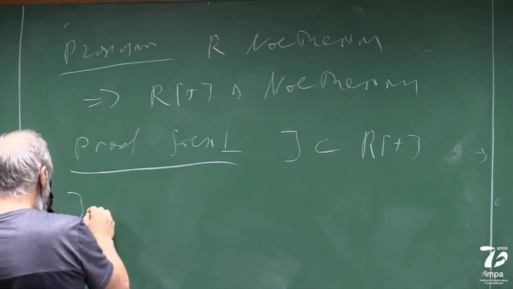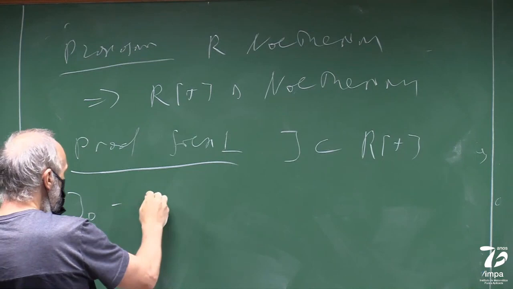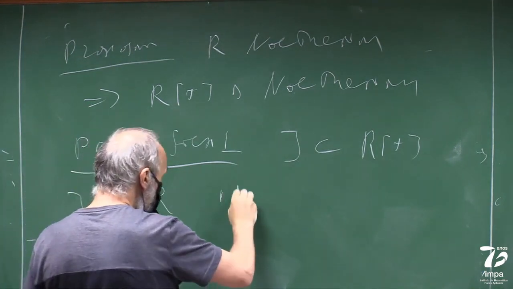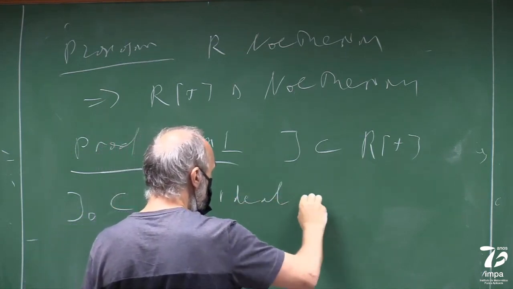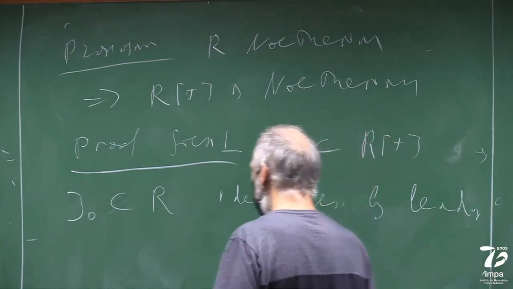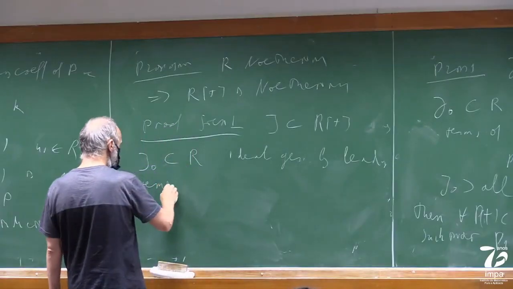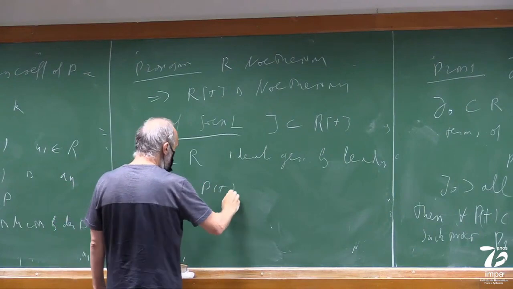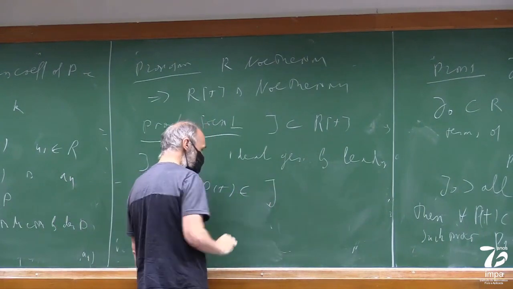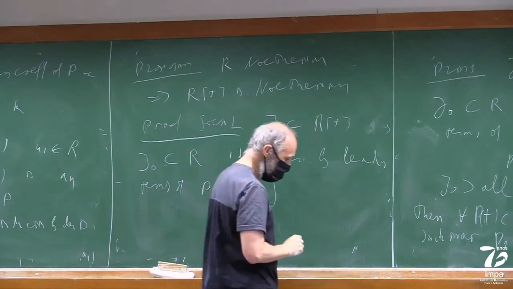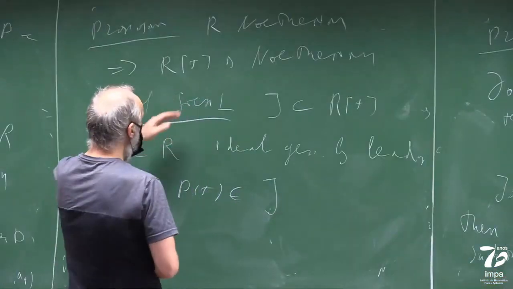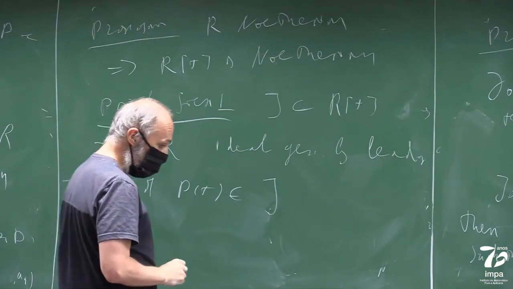And then take I_0, the ideal in R generated by leading terms of P(t) inside I. Since R is Noetherian, this ideal is finitely generated.